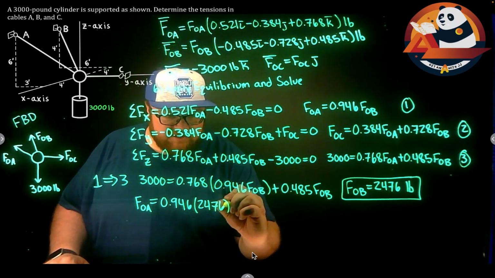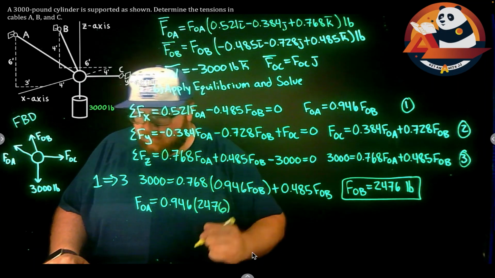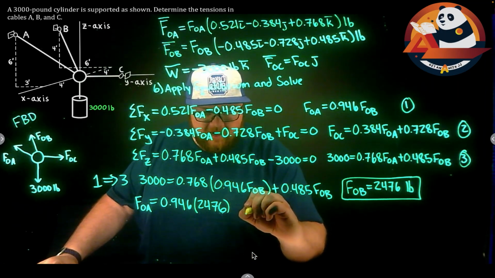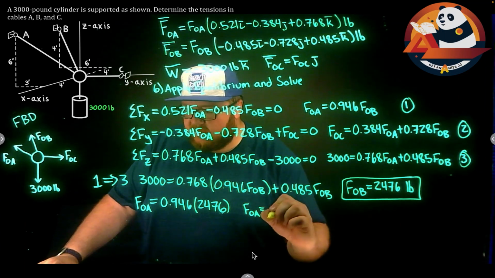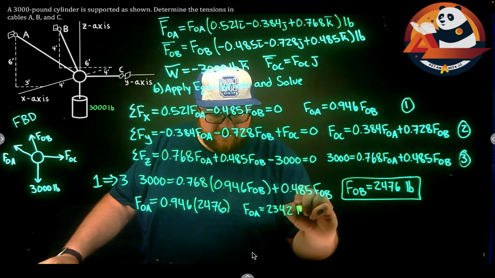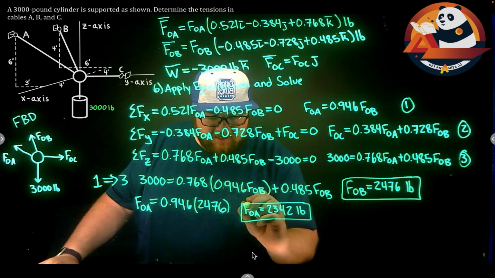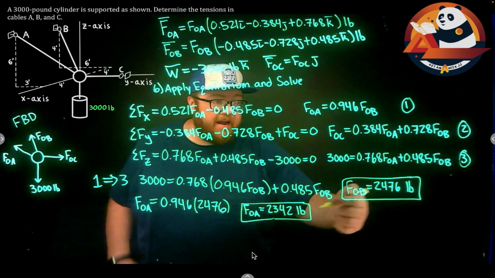Which will get us that FOA equals 2,342 pounds, which is another answer for us. That gets me FOA and FOB.